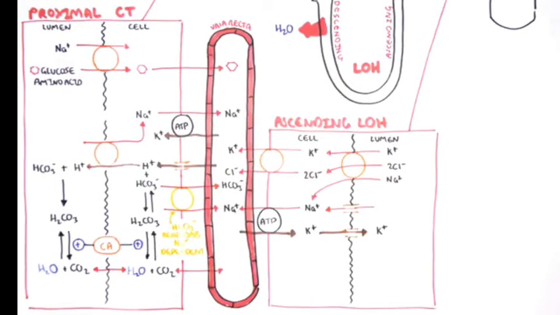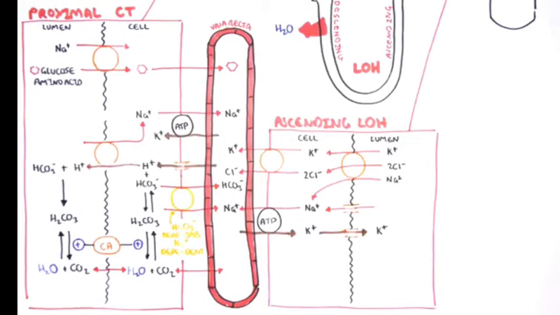So we will zoom in on what happens at the proximal convoluted tubule. We can divide it into the lumen and also the cellular part. The cellular part will come into contact with the vasa recta, where reabsorption and secretion occur.